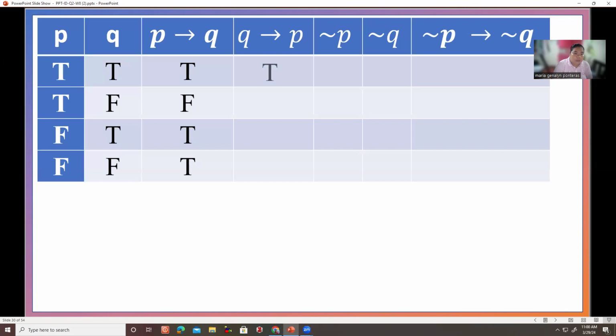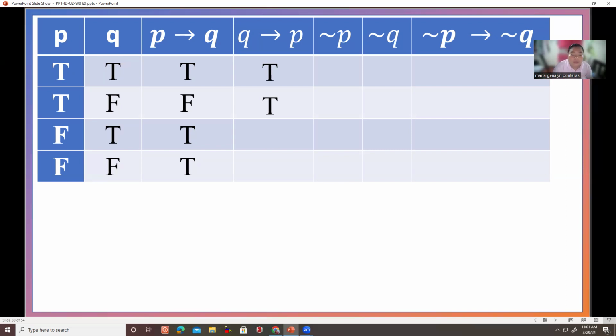So if we talk about the logical equivalences, this is the converse statement. This time, it is Q implies P. So meaning to say, Q will become the hypothesis and P will become the conclusion. So you have here, both statements true. This one will become true because Q is now the hypothesis and P will be the conclusion.